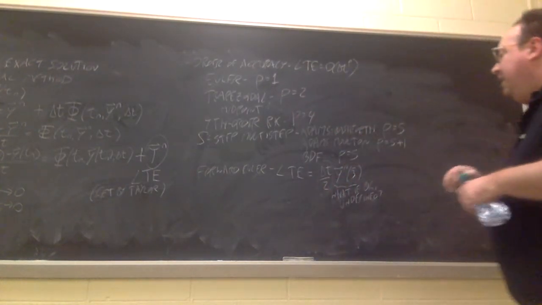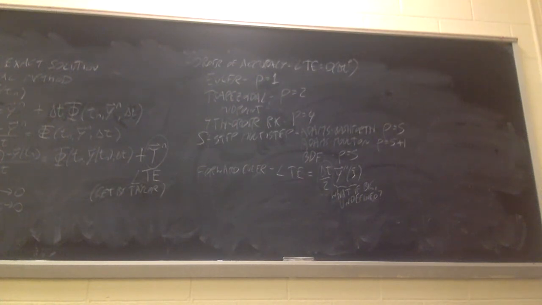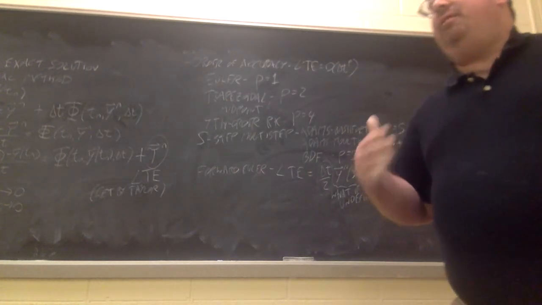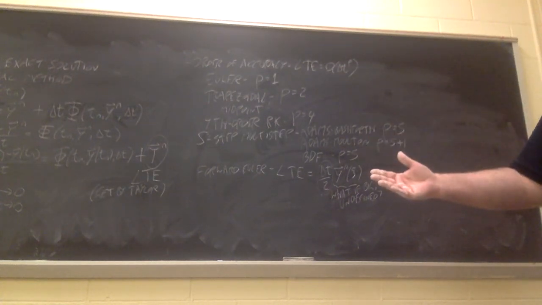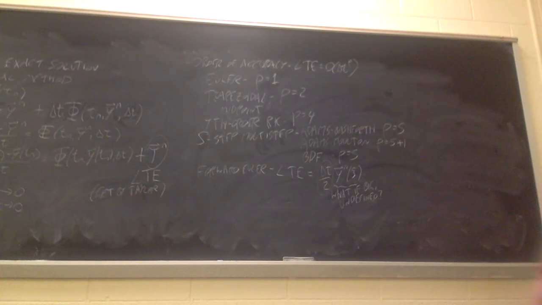So how would that affect things if it's low order? It just may not be very accurate. Or, in order to get a certain level of accuracy, it'll take more time because you have to take more time steps. The error is equal to a low order of delta t times something.